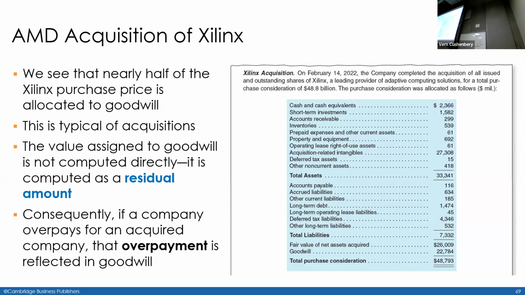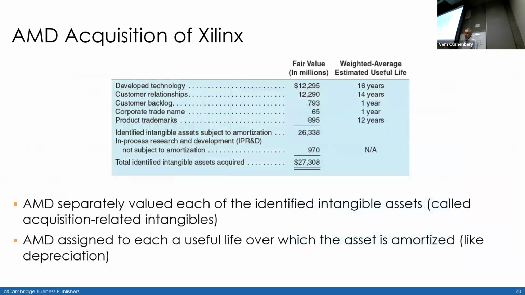They're going to value that portion of the company. If the company is still valued in excess of that 22 billion, minus the assets that they can discretely identify, then it'll sit there forever. The intangibles that they were able to identify are shown here on this next slide.